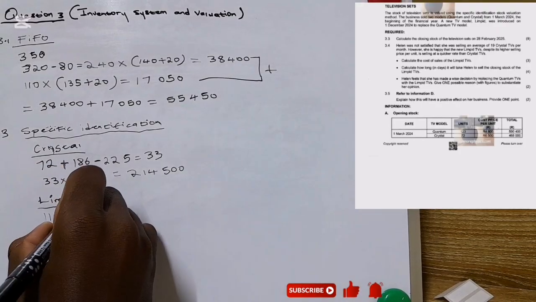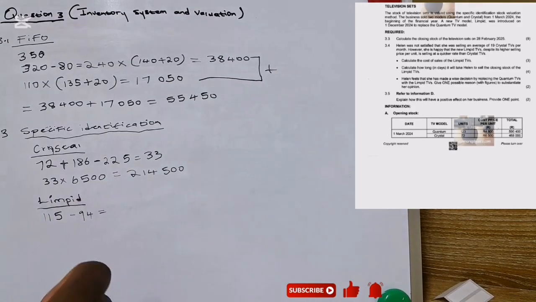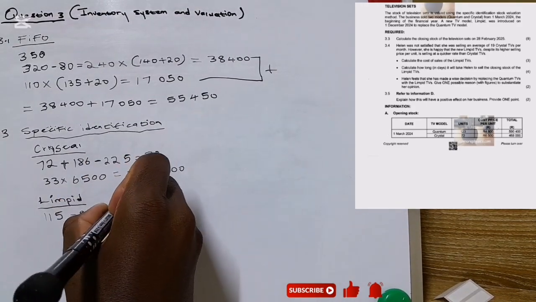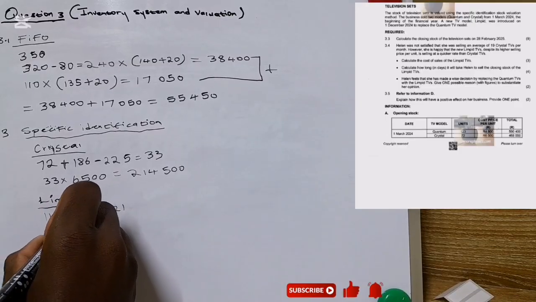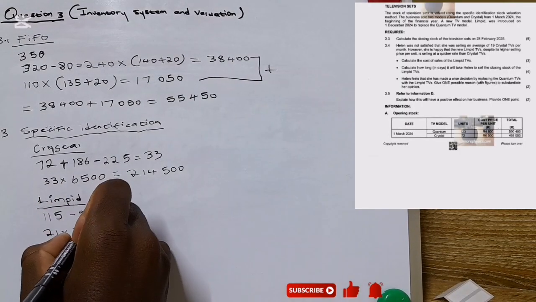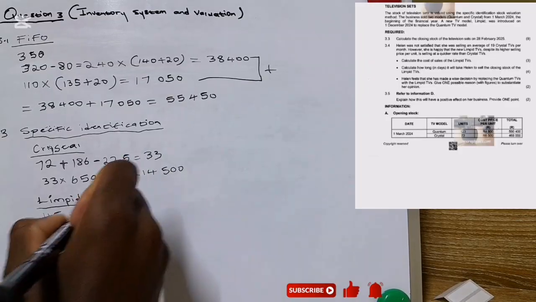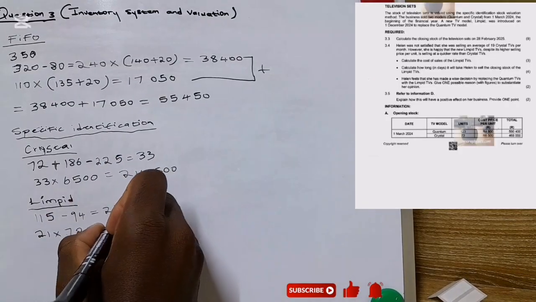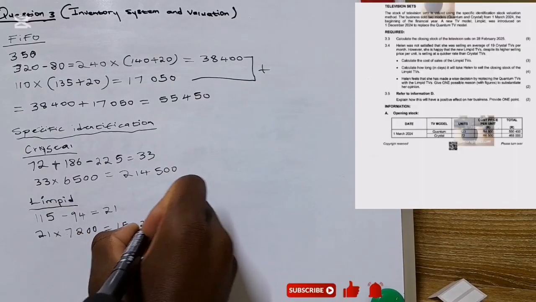We sold 94 units, so we are left with 21 units. Then 21 units multiplied by the cost price per unit for Limpid, which was 7,200, gives us 151,200.